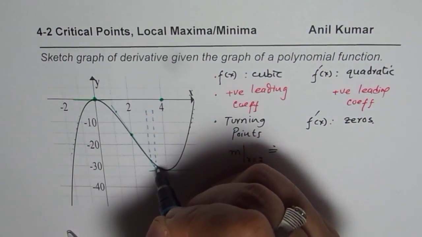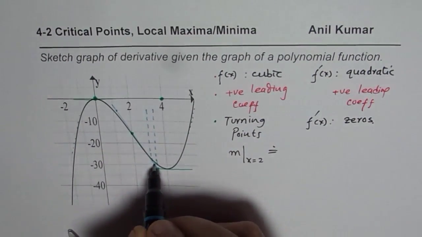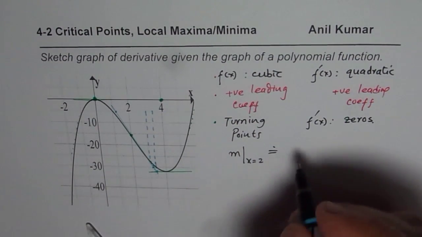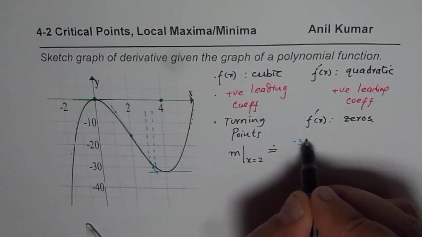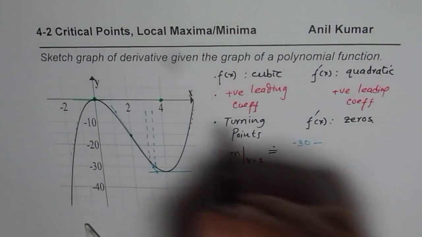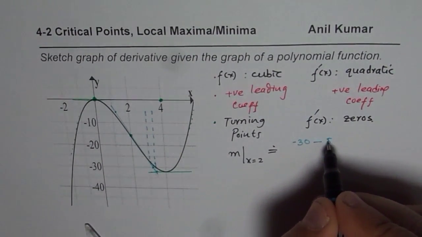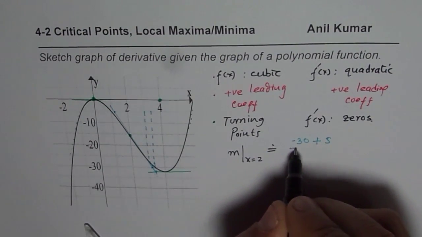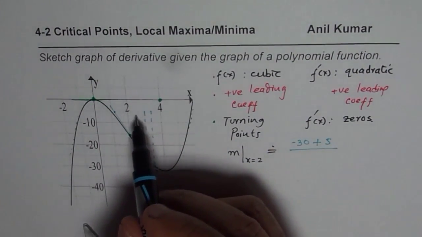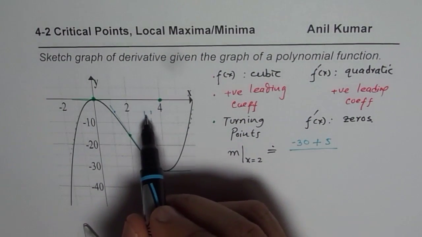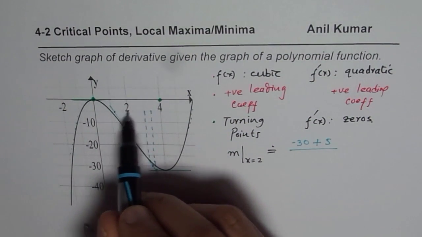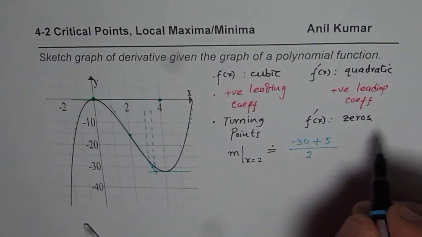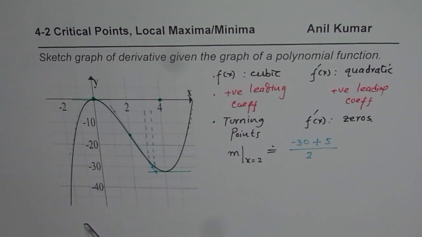So we'll assume this at -30. Okay, that is fine. So the rise is -30 minus 5... minus of -5 will make it +5, divided by the run. We can take this as slightly more than 2, so let me take this as 2 itself. We are just approximating.